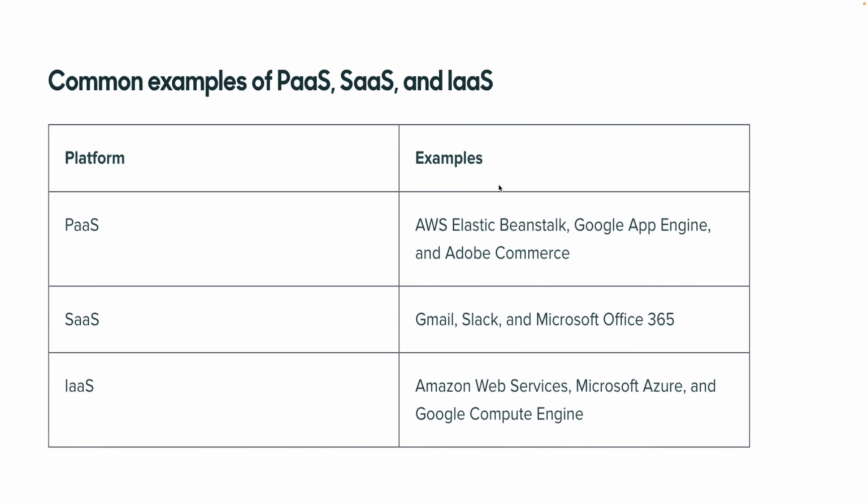Examples of infrastructure as a service are Amazon Web Services, Microsoft Azure, and Google Compute Engine. So the organization needs to manage 50% of the elements, and Amazon Web Services, Azure, and Google Cloud will handle the rest. So those were different examples of the different types of platforms.